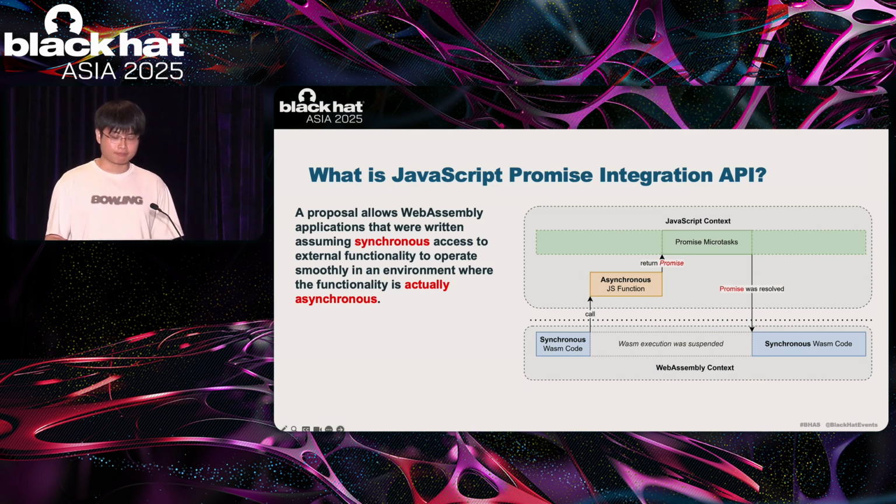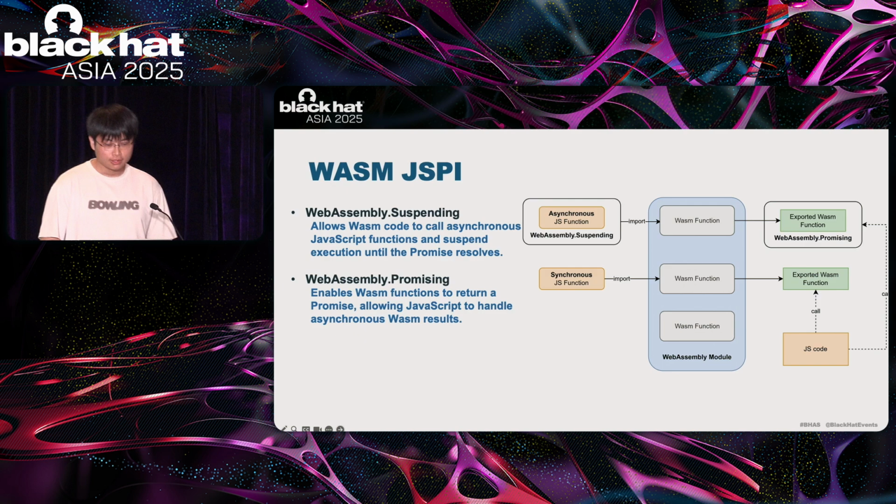Meanwhile, JavaScript's micro-task queue takes over to process the asynchronous operation. Once the promise is resolved, the saved WebAssembly execution context is restored, and the execution resumes from where it left off.